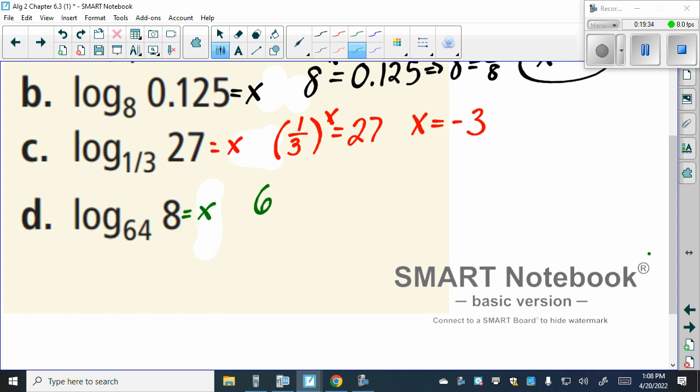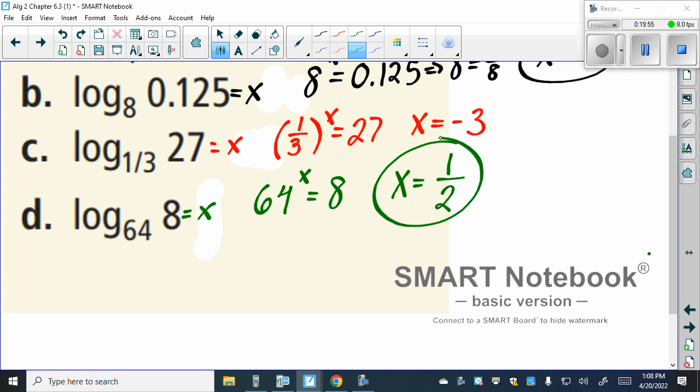Here we're going to have 64 to the x is equal to 8. Yes. Because 8 squared is 64, so the square root of 64 would be 8. And we rewrite square roots as fractional exponents. Any questions on any of this here?